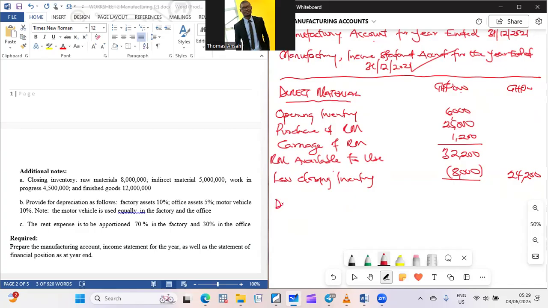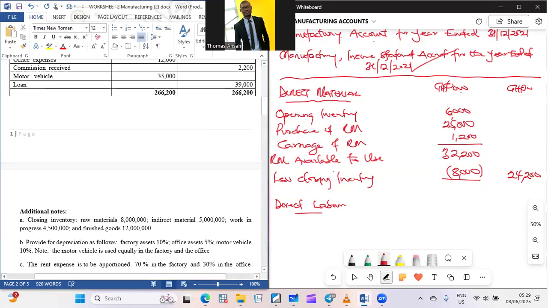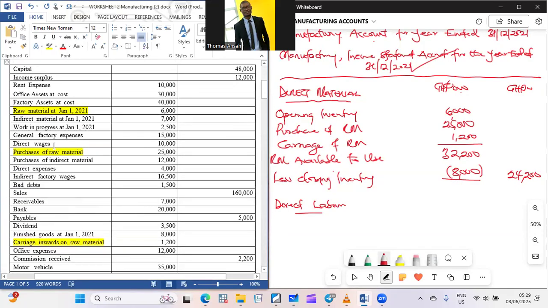What about direct labor? You know what we said, right? So direct labor. So wages is there standing on its own. We have direct wages. How much is that? 10,000. That's the only thing here.